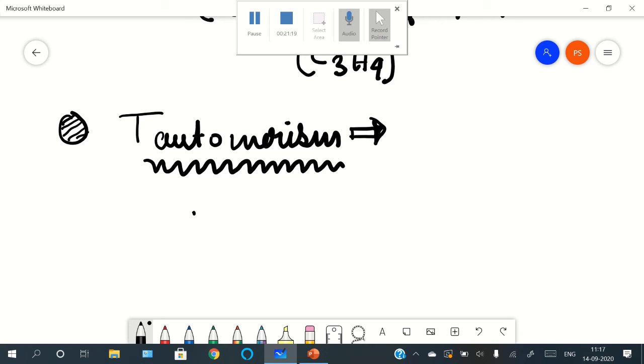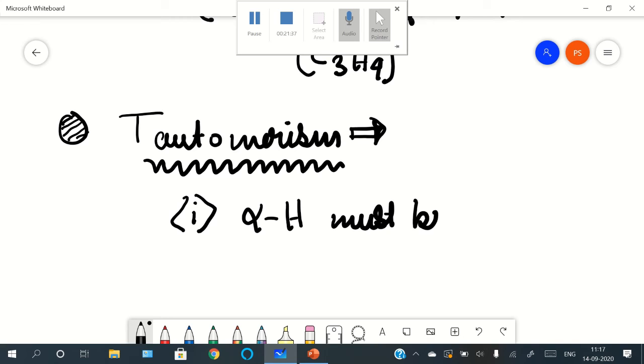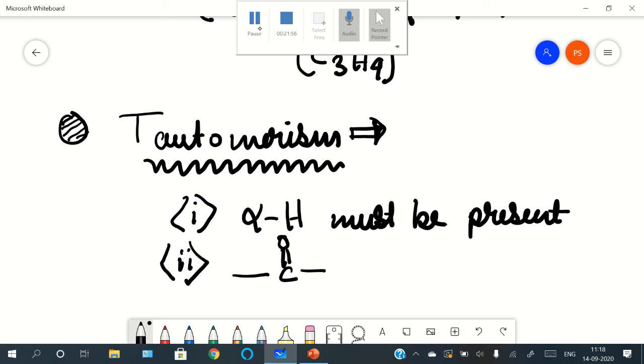The first condition is that there must be a presence of alpha hydrogen. And the functional groups that participate in this kind of tautomerism are these.